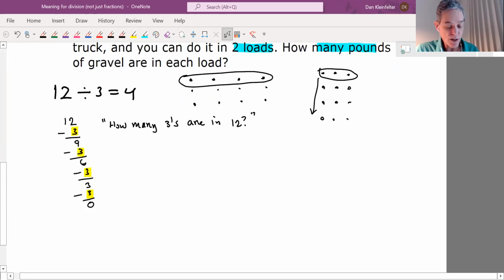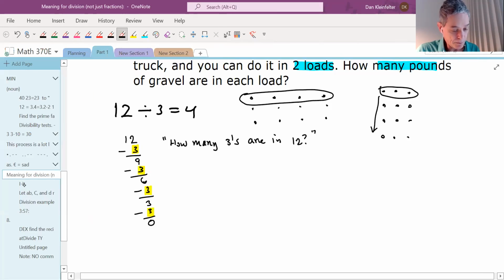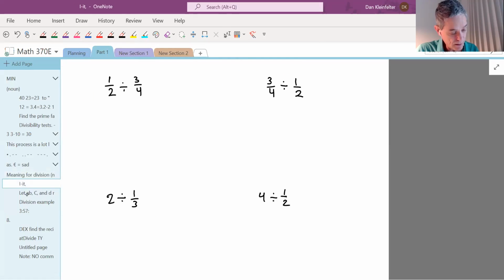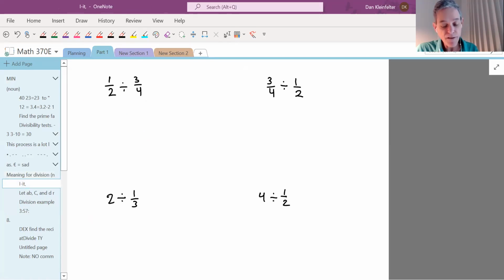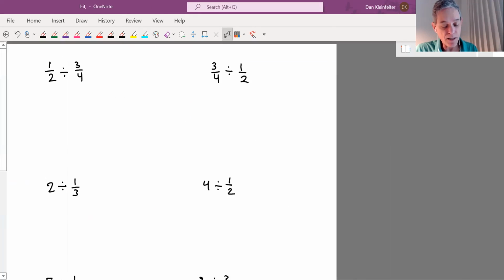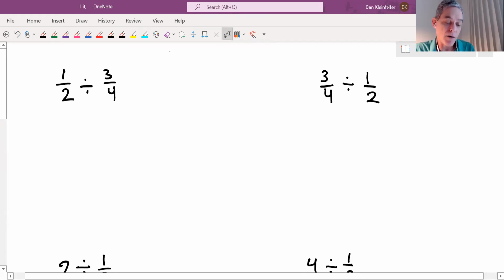All right, so now we want to try to transfer some of this thinking into fractions. For this next part, I want to illustrate some of these things with pictures, and I want you to think about how we thought of 12 divided by 3 equal to 4, and how a way of thinking about it was how many 3s there are in 12, and we saw that there were 4 3s in 12.